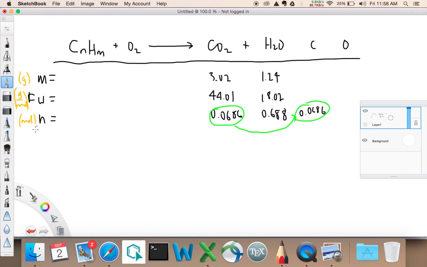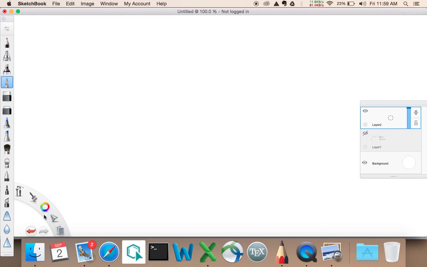Oops, this wasn't supposed to be oxygen, this was supposed to be hydrogen. Okay, because all the oxygen comes from here, right? So we don't need that oxygen. Now, this is something I can't do in my head. I'm going to go to a separate sheet of paper.